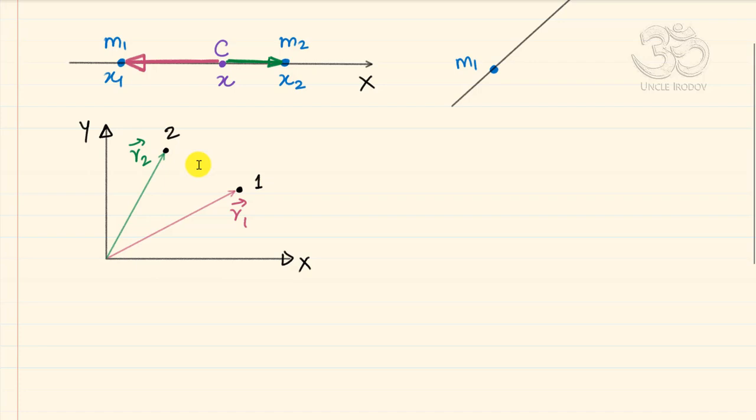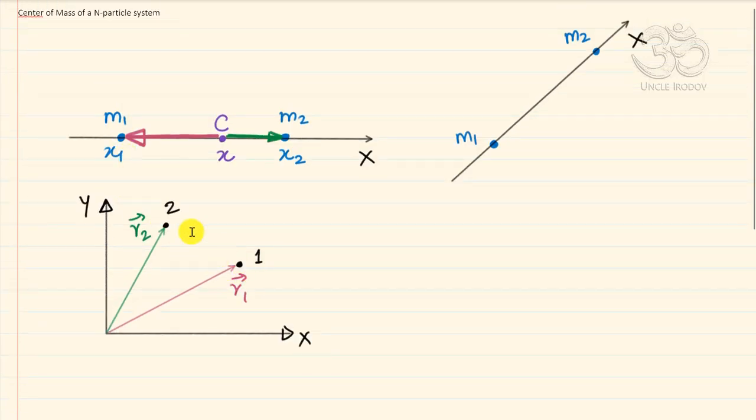Then I know that I can say it is R2 minus R1, or final minus initial, isn't it?